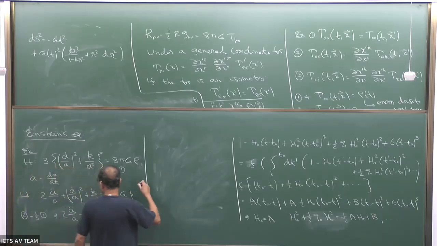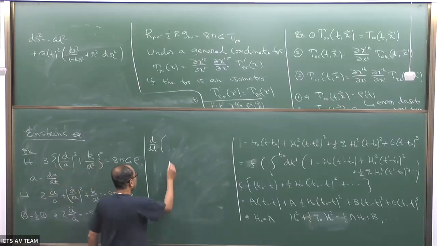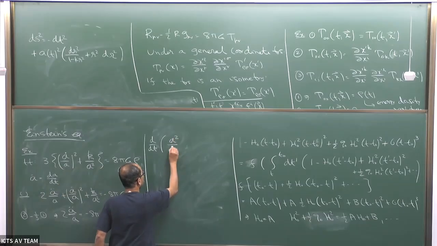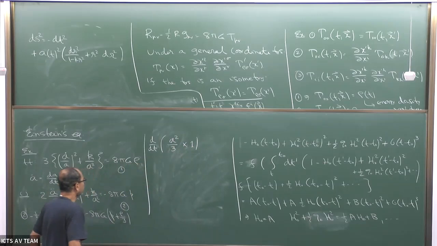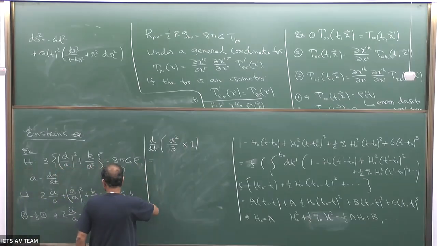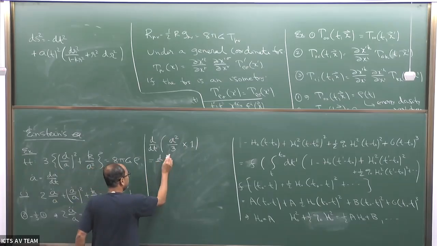So we take d/dt of a squared by 3 times 1. This gives us d/dt.